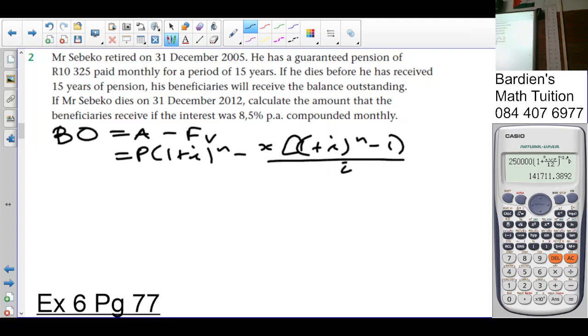From 2005 to 2012 is how many years? 7 years. We know what X is, 10,325, right? So in other words, I need to work out my present value. Not so? And how am I going to work that out? By using the present value formula.